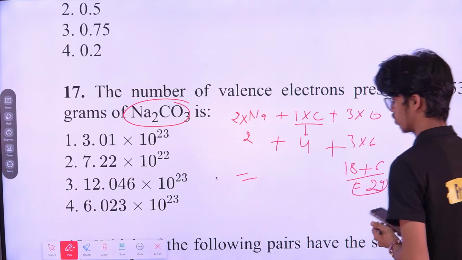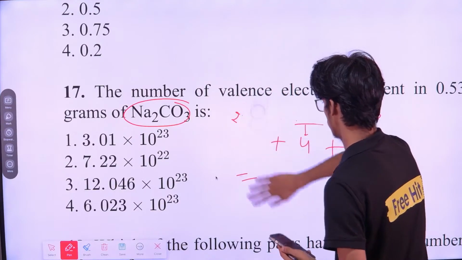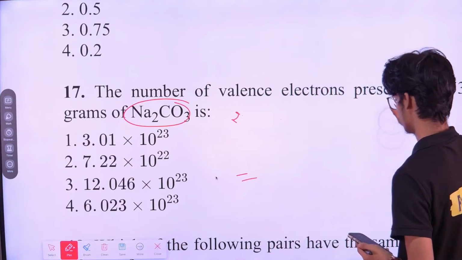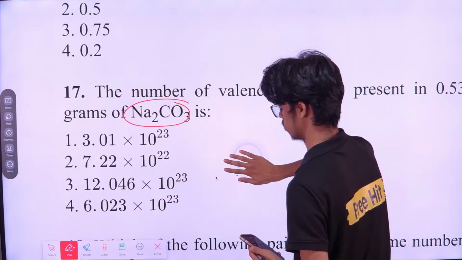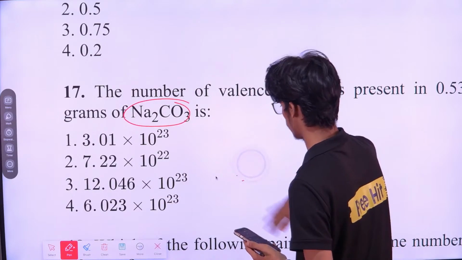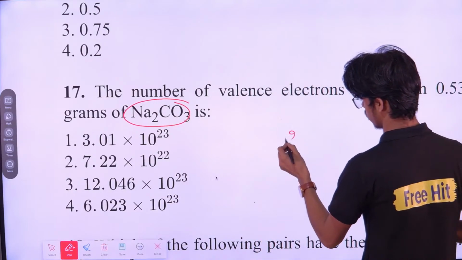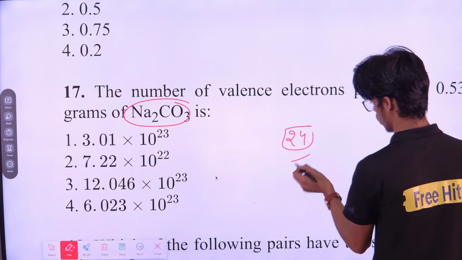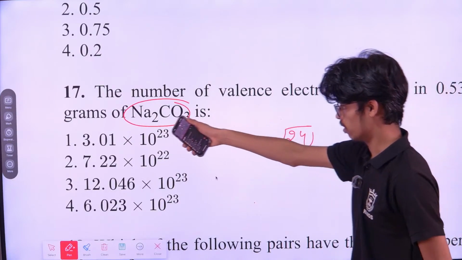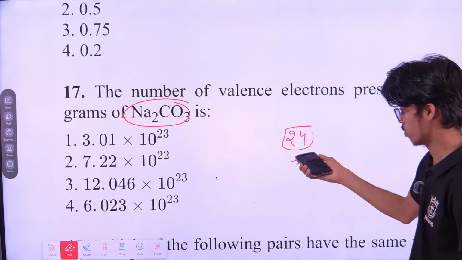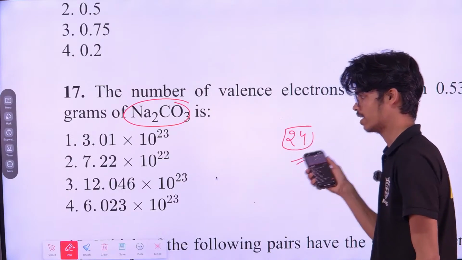So the total number of valence electrons is 24. Now in one molecule of this, 24 valence shell electrons are there.